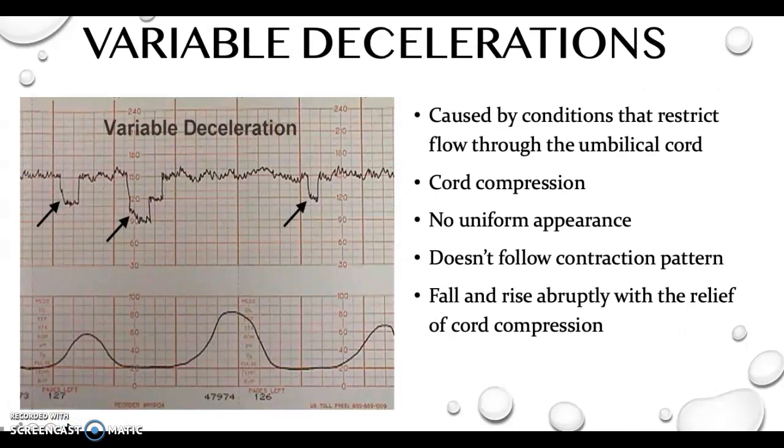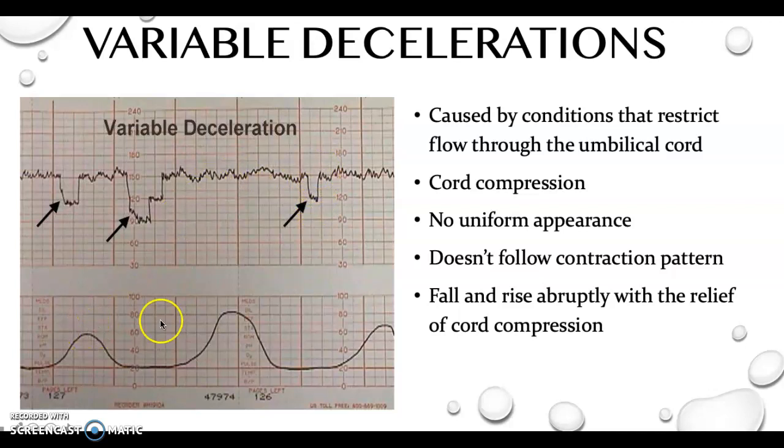Okay, so the first kind of decels that we're going to talk about are variable decels. And these, you can see right here, are not reflective of anything in that uterine contraction pattern. So they're kind of random. And they are a sign of cord compression. It just is a restriction of that flow through the umbilical cord, usually pretty quick to resolve.